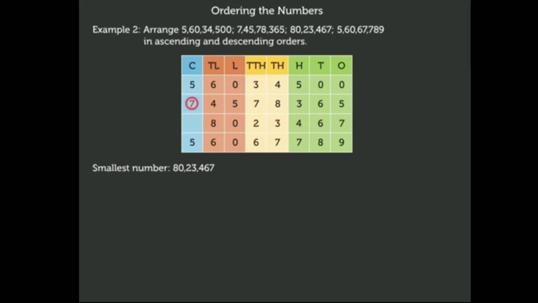Digit 7 being the greatest digit among all the digits in the crores place, we get the greatest number as 7 crore 45 lakh 78,365. Now compare the remaining two numbers, as the first three digits are the same in these two. Here 5 crore 60 lakh 34,500 is lesser than 5 crore 60 lakh 67,789.